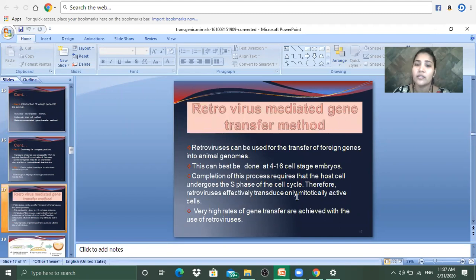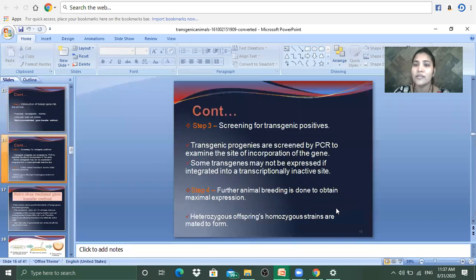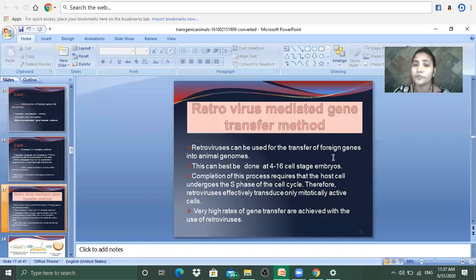There are 3 methods under step two, the introduction of the foreign gene into the animal: the pronuclear microinjection method, the embryonic stem cell method, and retrovirus mediated gene transfer. Out of these, we had seen retrovirus mediated gene transfer. Basically, we use a virus as our vehicle to transfer the gene of interest into the animal.